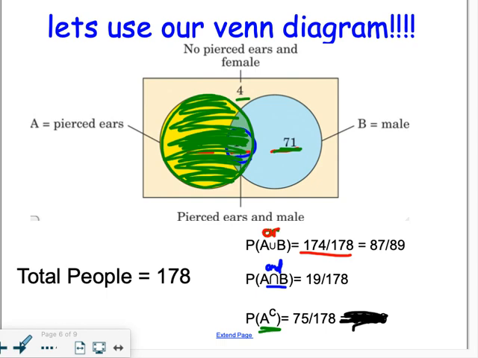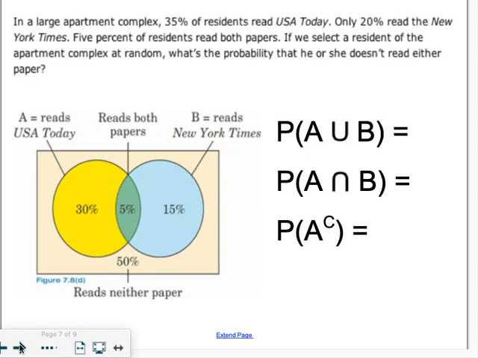So a couple more quick examples. Looking here, again, we've seen this Venn diagram before. So going through this real quick, A or B, we're adding up these percentages. This would get us 30 plus 5 plus 15, 50%.